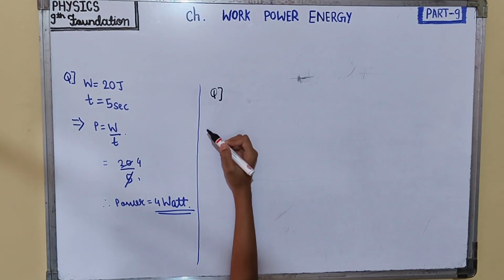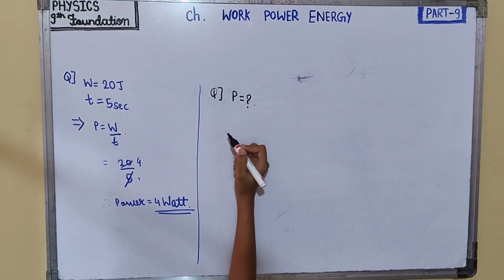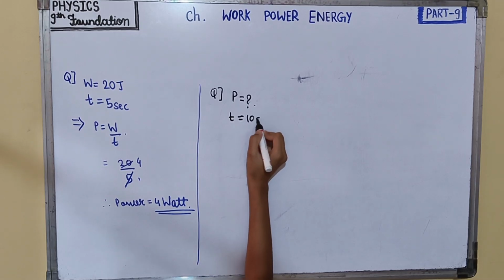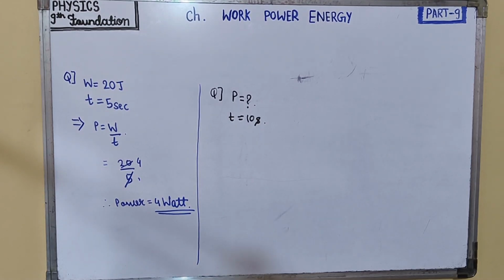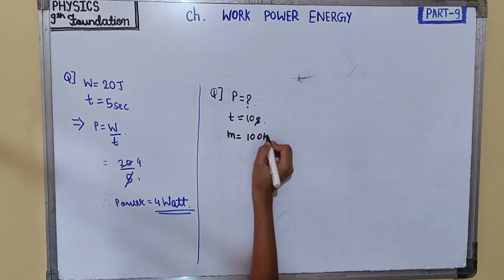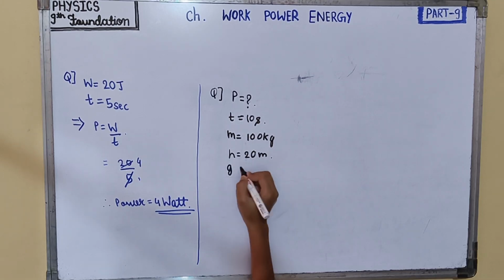In this question we have to find the power of the pump, which takes 10 seconds to lift. To lift means the work is against gravity. Mass to lift is 1000 kg of water to a tank situated at a height of 20 meter. G is to be taken 10 meter per second square.